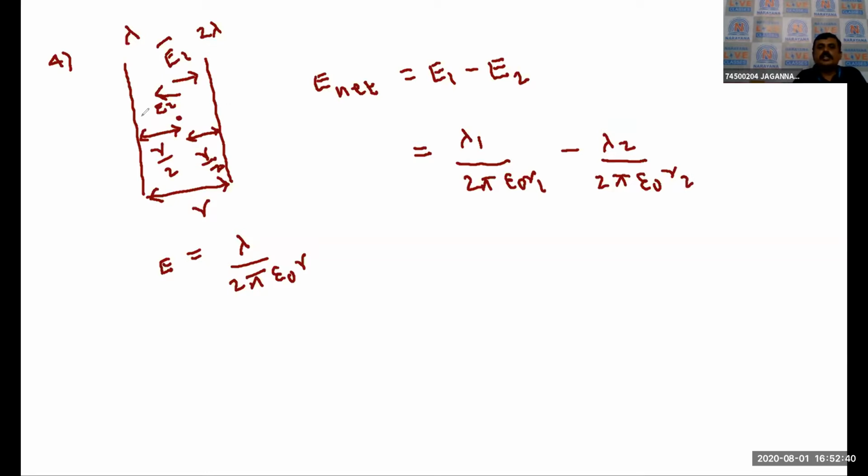R1 is the distance from the first wire, and R2 is the distance from the second wire to this point.